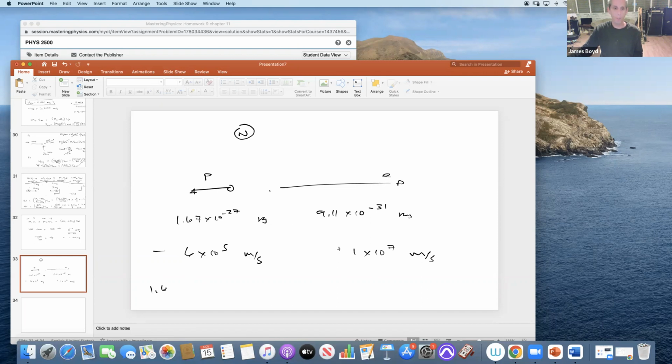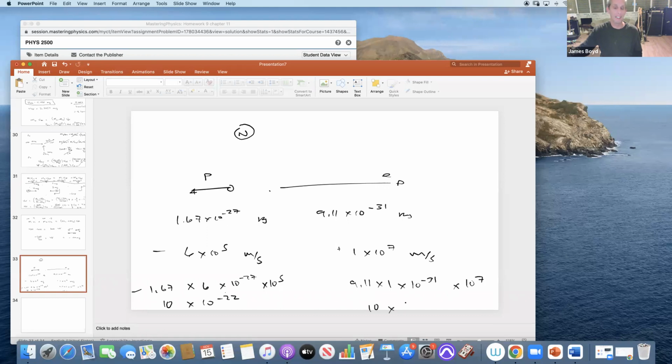So I get 1.67 times negative 6 times 10 to the minus 27 times 10 to the 5th, and I get about 10 times 10 to the negative 22. Here I get 9.11 times 1 times 10 to the minus 31 times 10 to the 7th.